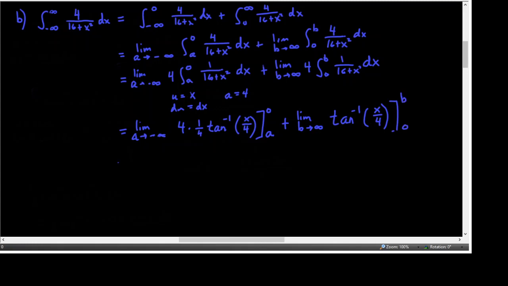All right, so the next thing is to do the substitution. First, substitute in 0. 0 divided by 4 is simply 0, minus tangent inverse of a over 4.